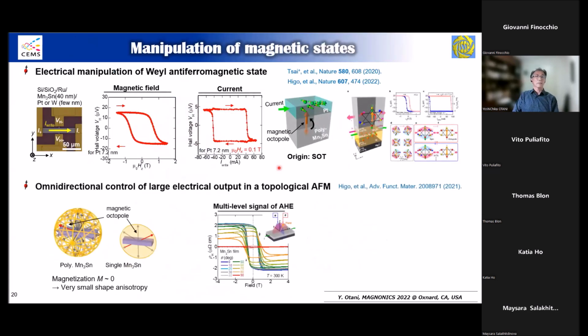To begin with, there is already electrical manipulation of the Weyl antiferromagnetic state by using spin orbit torque. With this material coupled with heavy metals such as platinum, we can switch the magnetic octupole direction at will, back and forth.